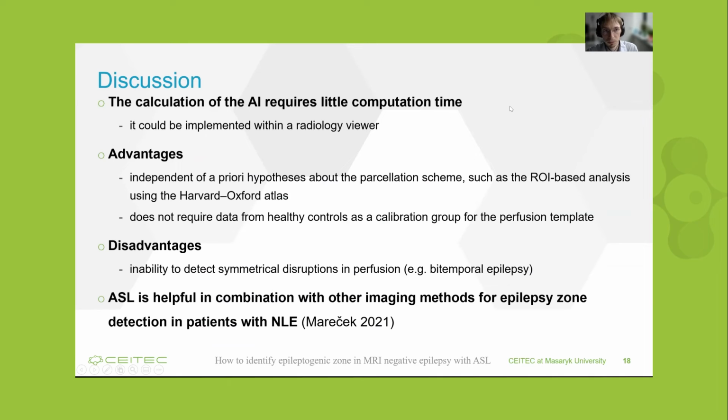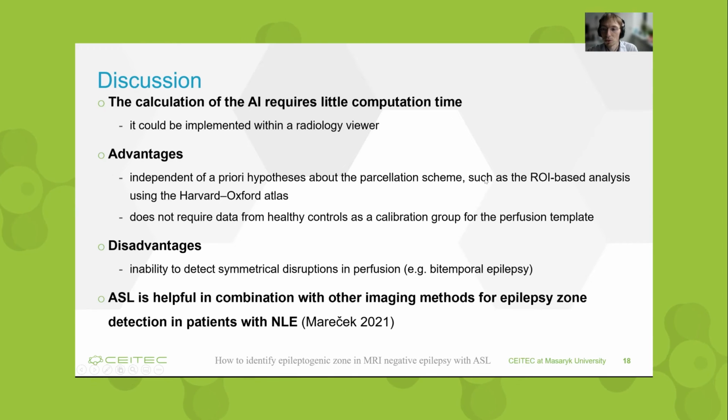So to sum up and to discuss, the calculation of the asymmetry index is not computationally demanding. So it could be implemented within a radiological viewer on MR scanners. The advantage of our method is that it's independent of a priori hypotheses about parcellation schemes.